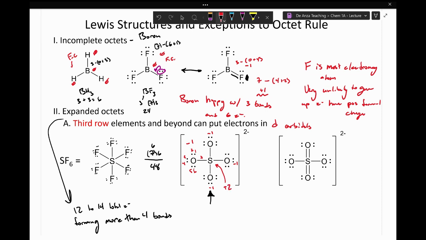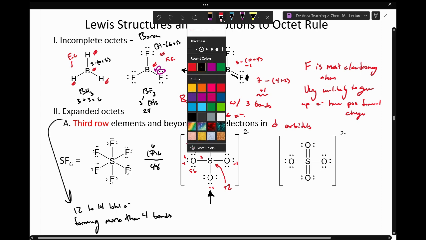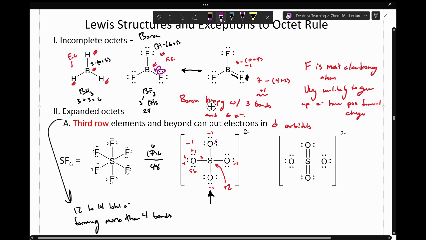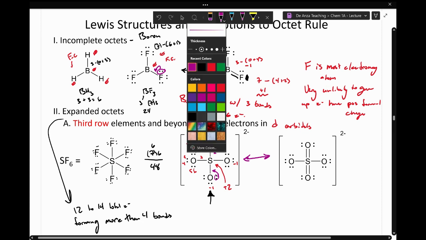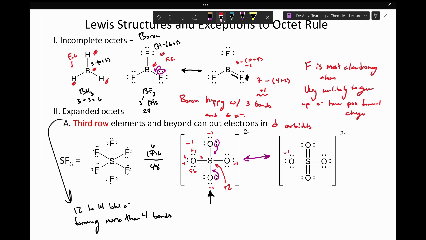And so what we'll see is that in order to reduce formal charge, 2 of these oxygens are going to give up their lone pairs. So let's say it's this one and this one. When we do that, we get the structure to the right, where we now have double bonds between the sulfur and 2 of the oxygens. If we calculate the formal charge here, the 2 oxygens that didn't change still just have a -1.